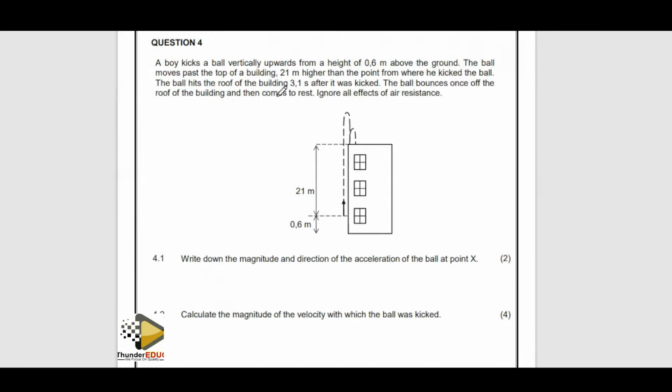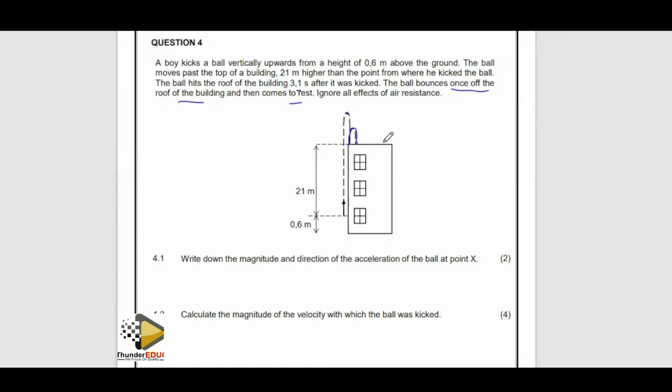And then the ball hits the roof 3.1 seconds after it was kicked. Then the ball bounces off the roof and then it comes to rest. So the ball is kicked, it goes up, reaches maximum, hits the roof, bounces off, and then it gets to rest.